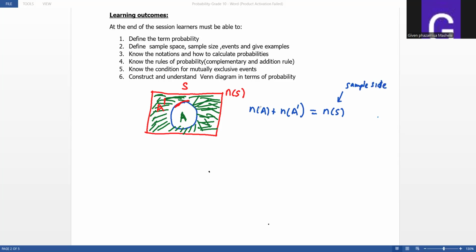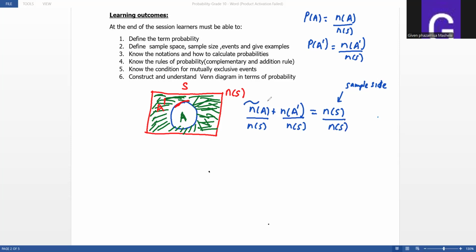But what if we want it in terms of probability? We know that if we want the probability of A, this will be the number of A's divided by the sample size. And when we want not A, it will be the number of those not A divided by the sample size. So if we divide here by the sample size and here by this, because remember, what you do on the left, you must also do on the right, what is this going to give us?